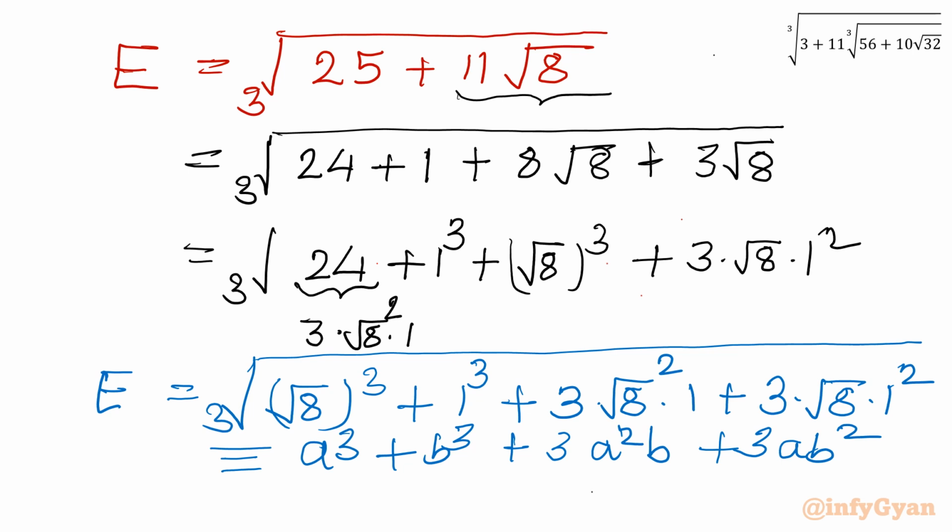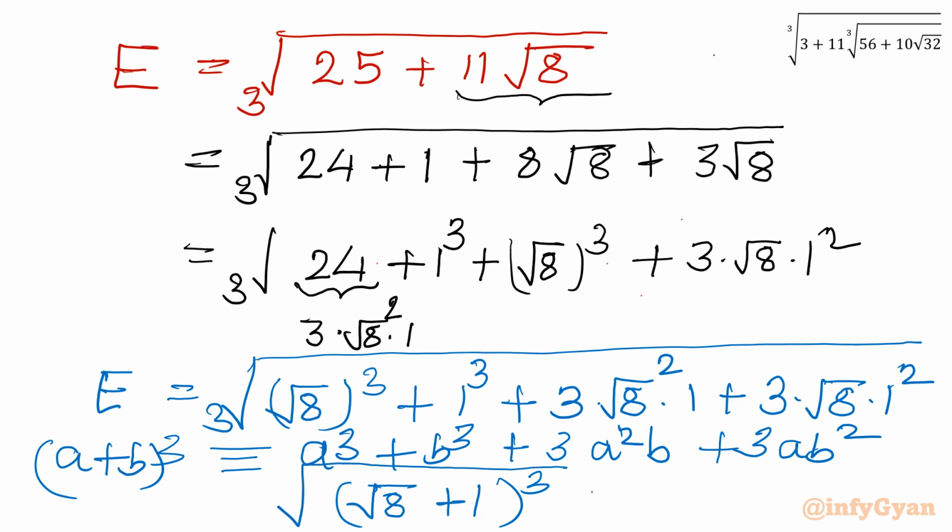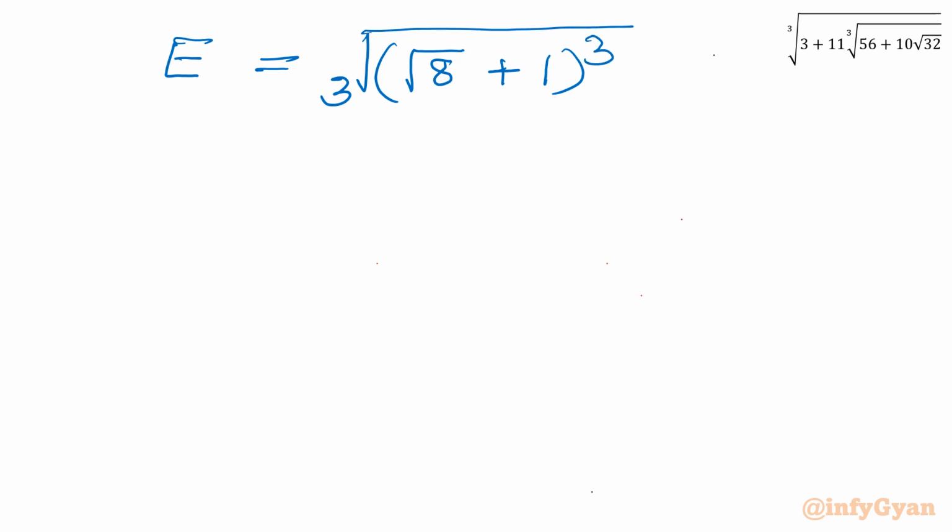So here I am going to write a plus b whole cube. So it is square root 8 plus 1 whole cube inside this cube root. This is our E. So E will be equal to cube root of square root 8 plus 1 whole cube. Now we can cancel cube and cube root. So E will become square root 8 plus 1.